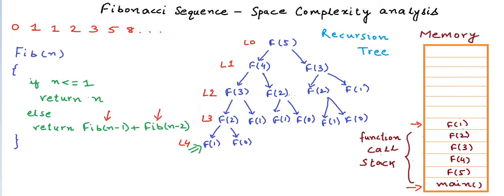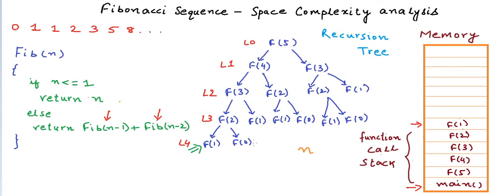If we would have called the function fib for any generic value n, then the maximum depth of the recursion tree would have been n minus 1, and the maximum space taken would have been n units. So when we analyze the complexity of programs, we most often take the upper bound for the time or space taken.